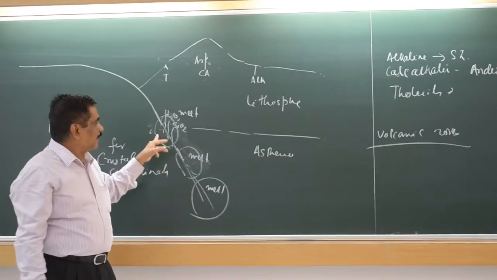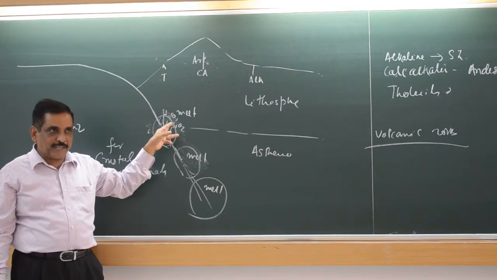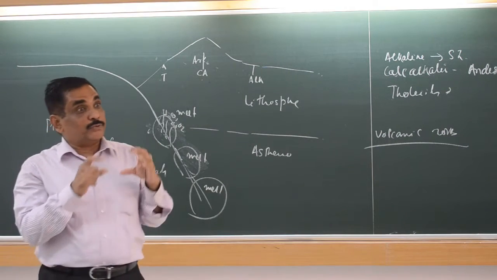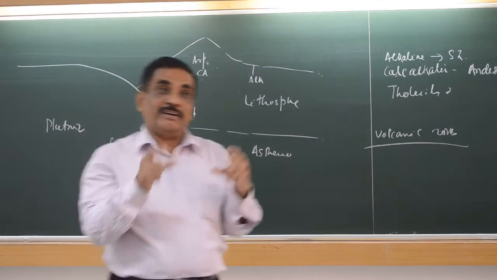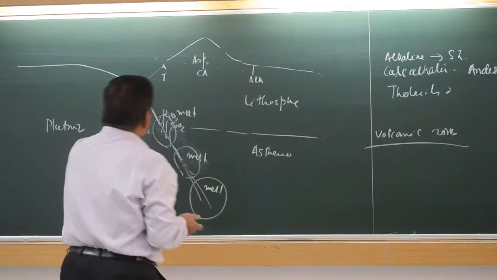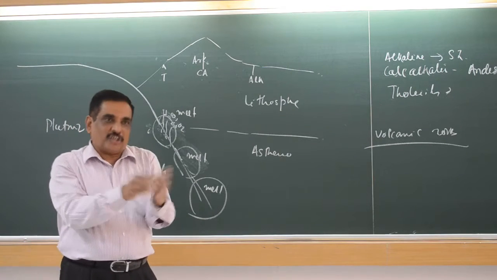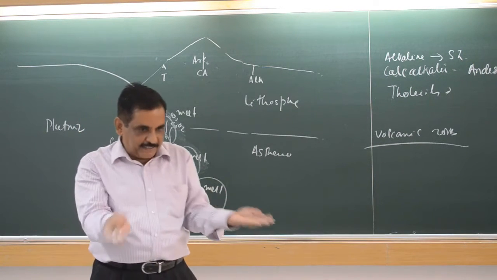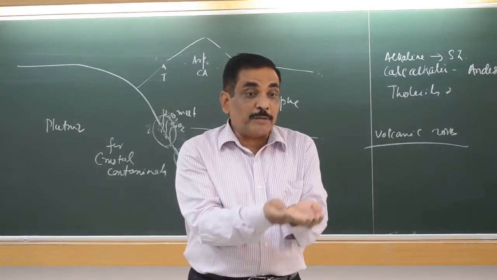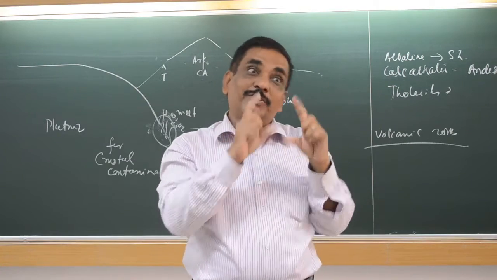So whatever elements are present in the fluid, whatever elements are present in this overlying mantle, they will be carrying those signatures. Now suppose a tholeiite is generating from rift volcanics. In a rift there is no undergoing slab. It is directly breaking the crust, breaking the lithosphere, breaking the solid lithosphere or the asthenosphere. It is coming from there and spreading. So it will have different signature, different composition.